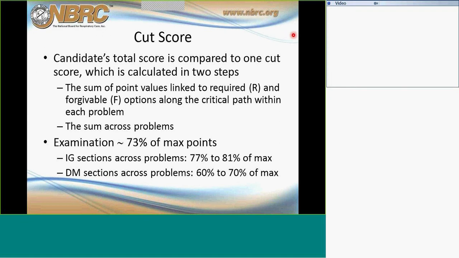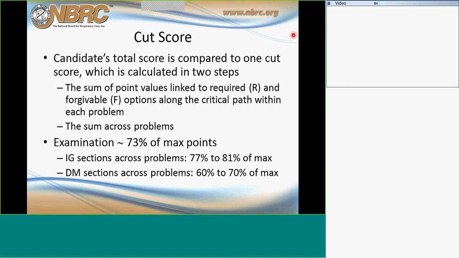Now all the points, regardless of the source, meaning whether it comes from an information gathering section or a decision-making section, are all put into the same bucket, and so there's just one cut score, and the way that score is calculated requires 2 steps, as you'll see summarized on this slide.